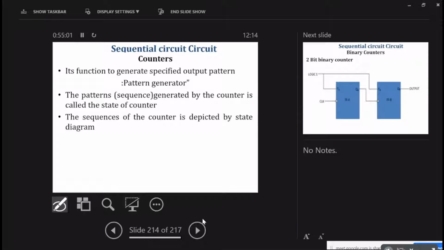But in the counter, a particular sequence is generated, some pattern of sequence is generated. That's why it is also called a pattern generator.